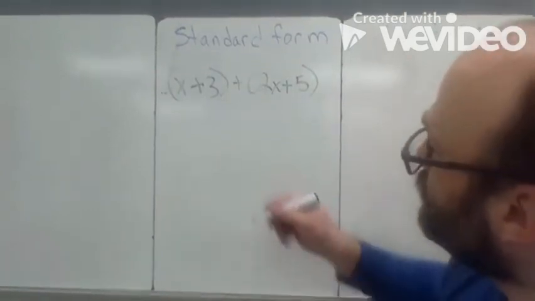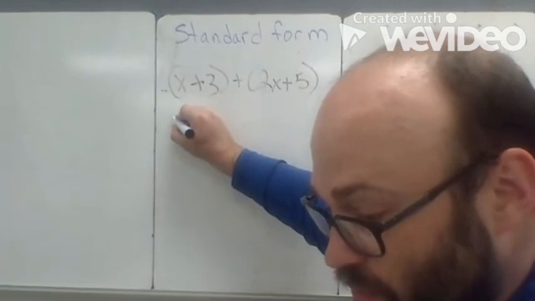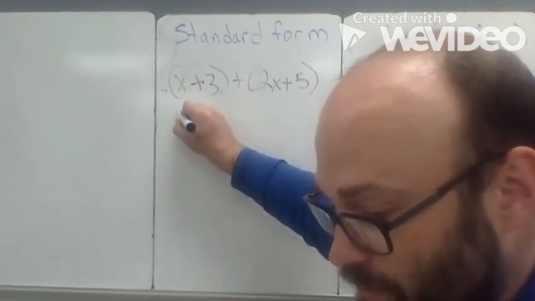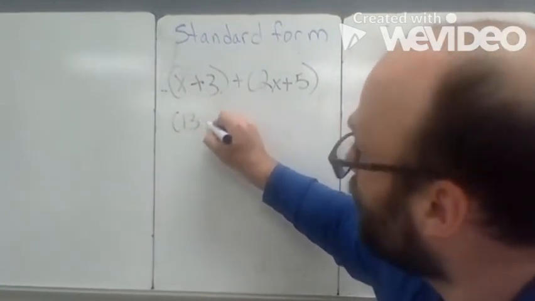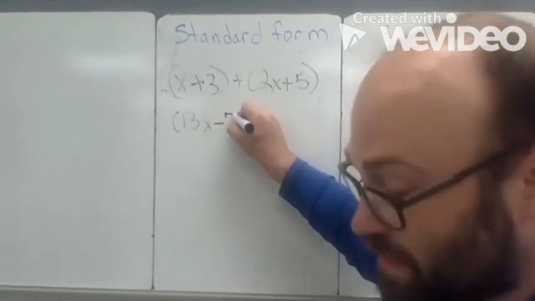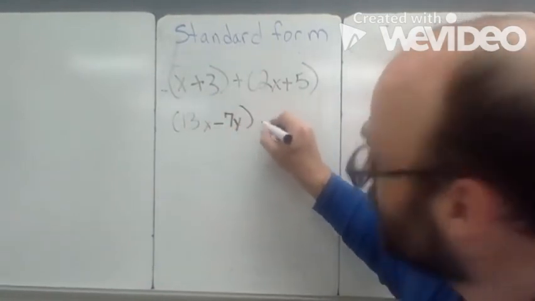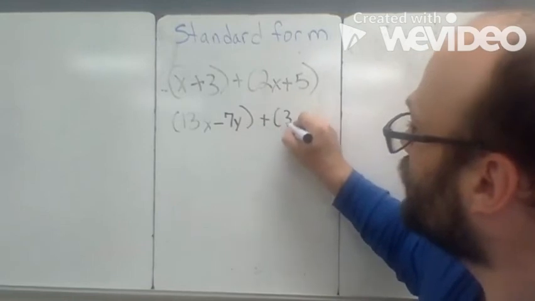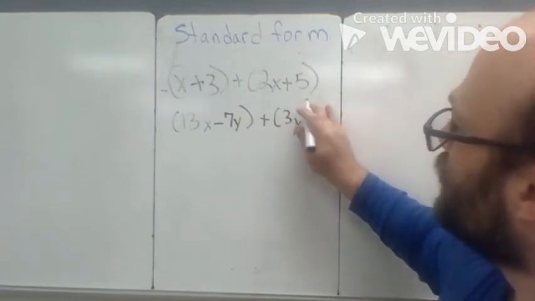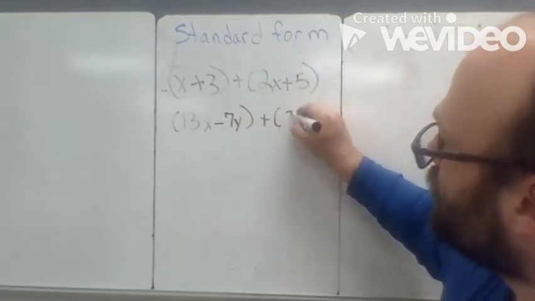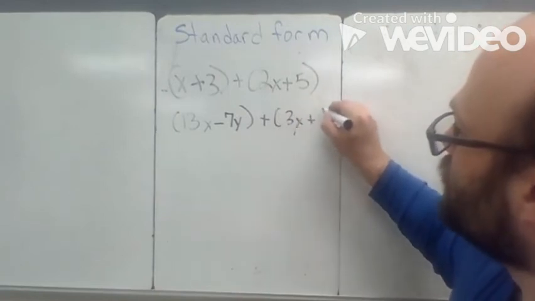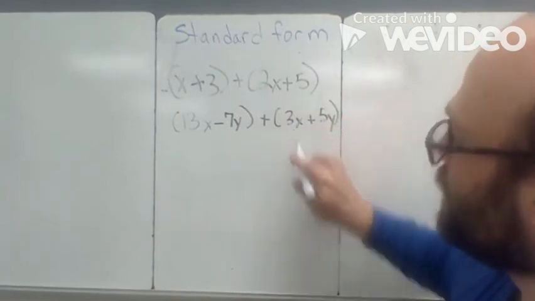Let's do another one. So number 2 here will be 13x minus 7y plus 3x plus 5y. So we can do that one.